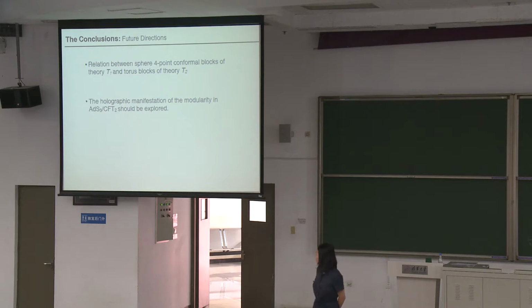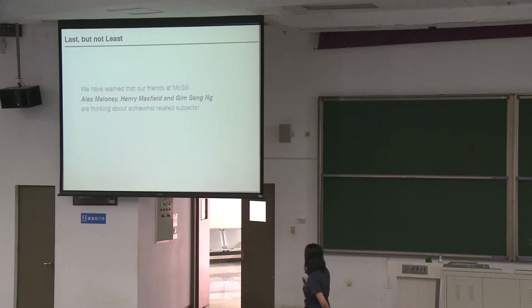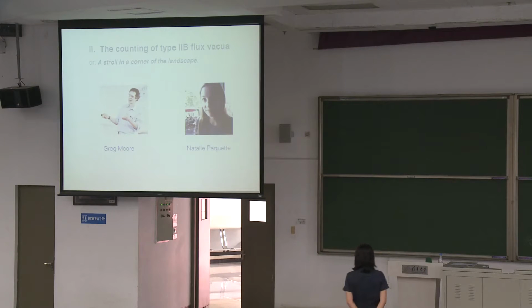And last but not least, we have learned that our friends at McGill, including Alex Maloney, Henry Maxfield, and Jing Xing, are also thinking about somewhat related subjects, so we're interested in learning what their point of view is. So this is the end of the first part of my talk.